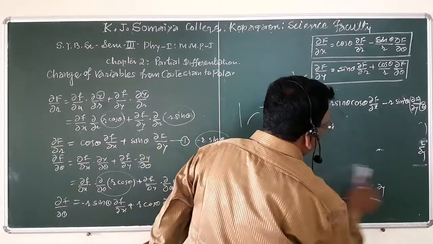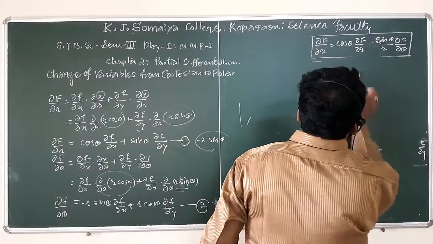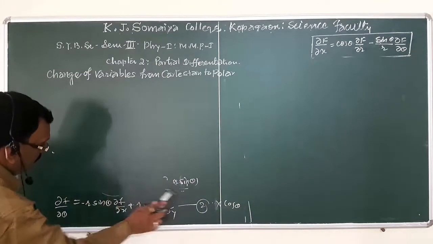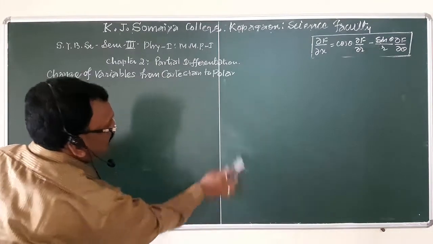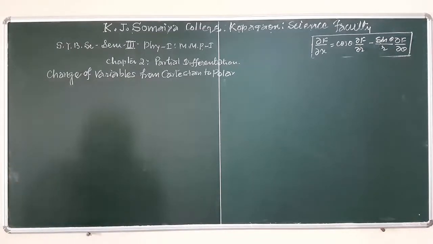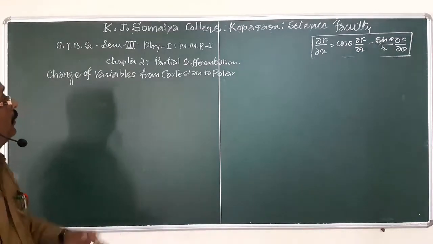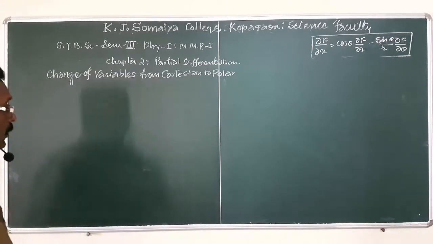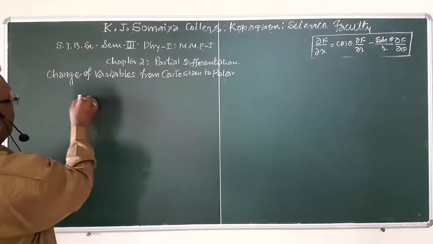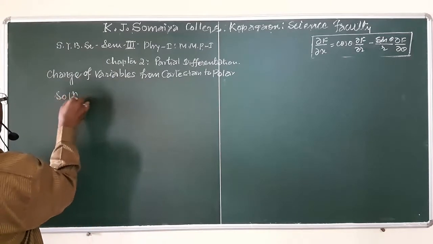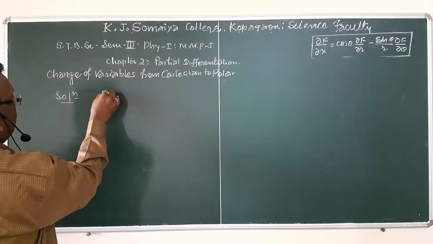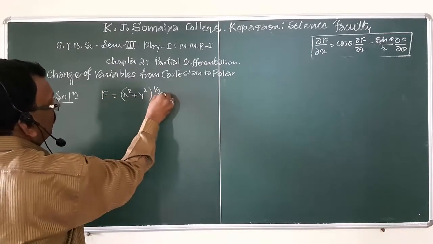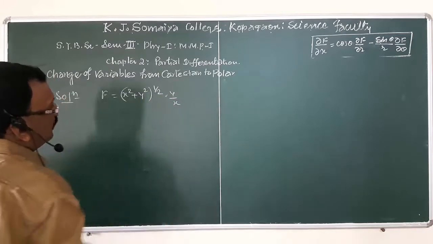Okay. Now we are going to see one of the important problems from the exam point of view, and this problem can also help us to understand this point once again. Consider the problem. The problem is simple. In the problem, given f is equal to (x square plus y square) raised to 1/2 into y upon x.